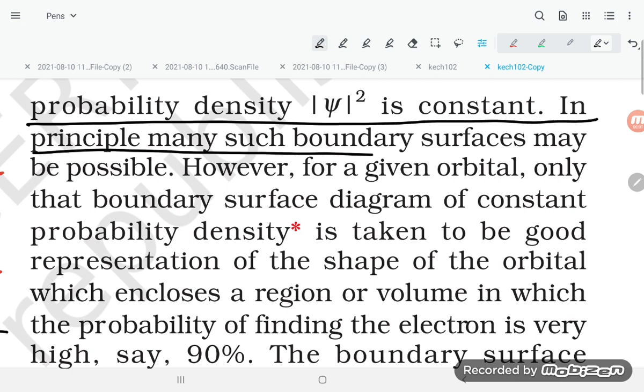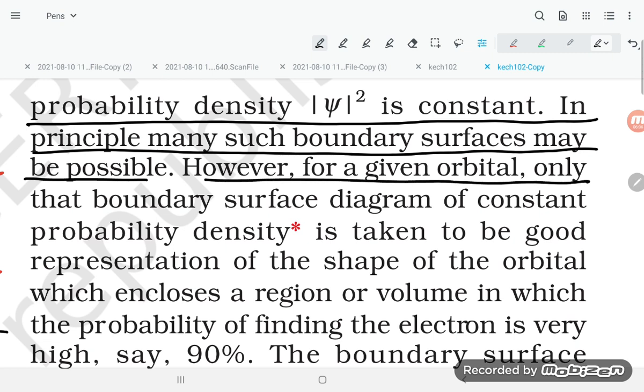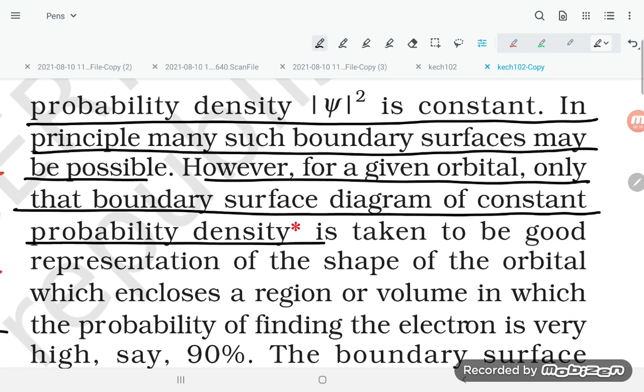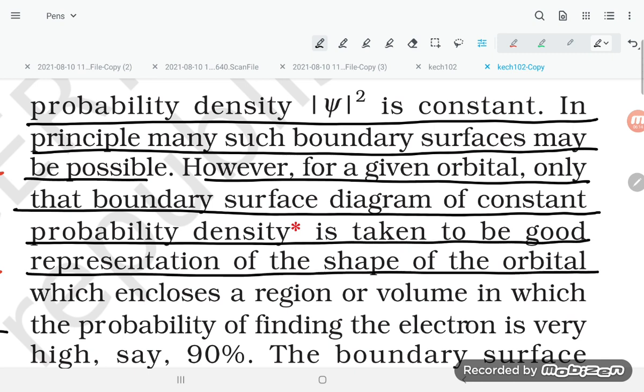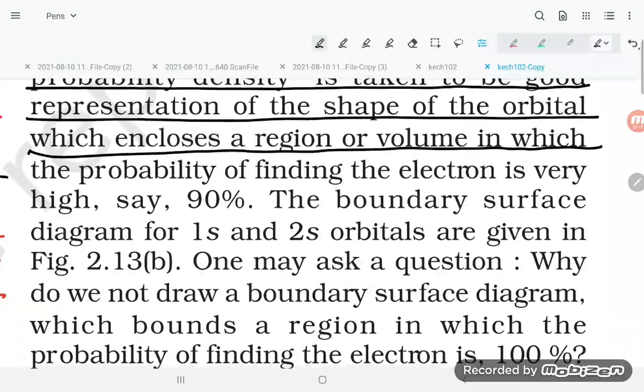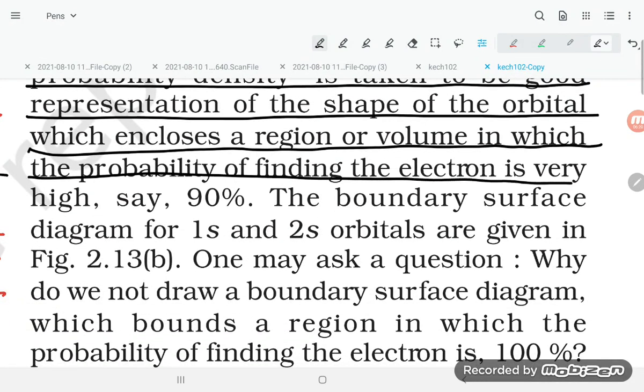In principle, many such boundary surfaces may be possible. However, for a given orbital, only that boundary surface diagram of constant probability density is taken to be a good representation of the shape of the orbital which encloses a region or volume in which the probability of finding the electron is very high, say 90%.